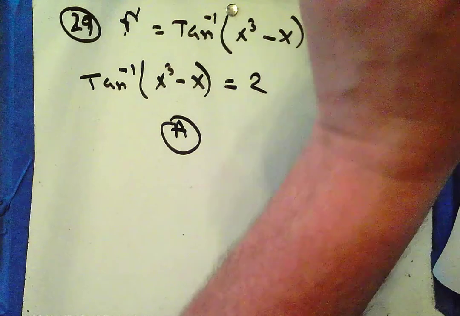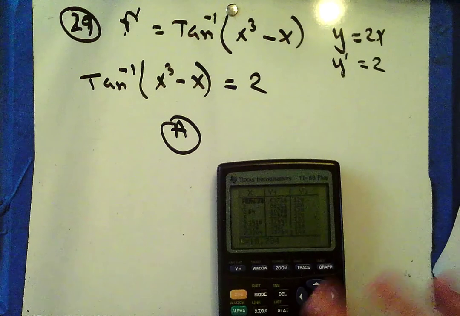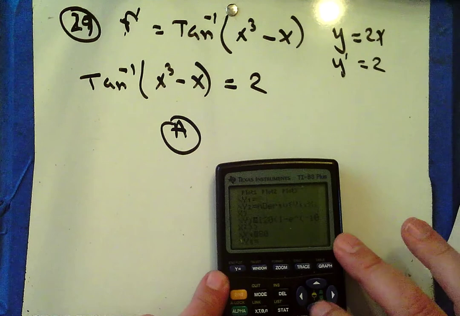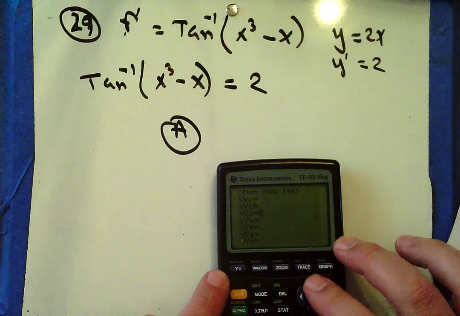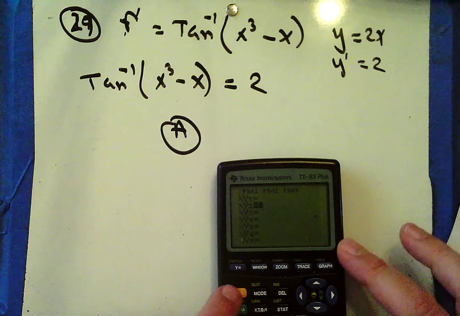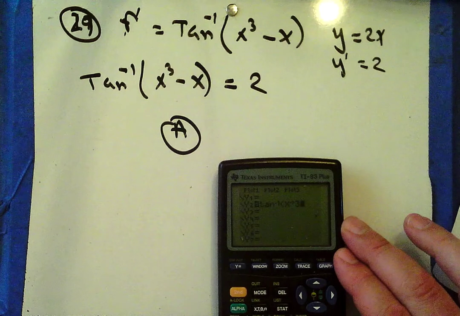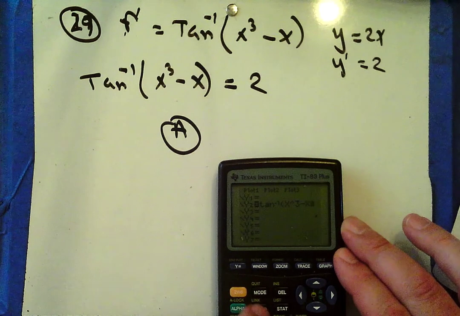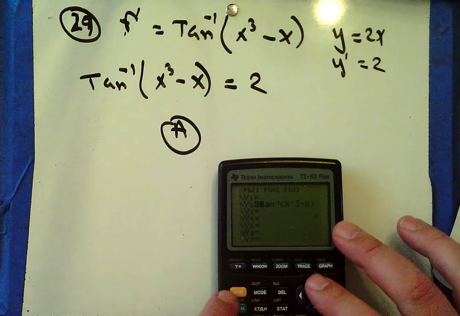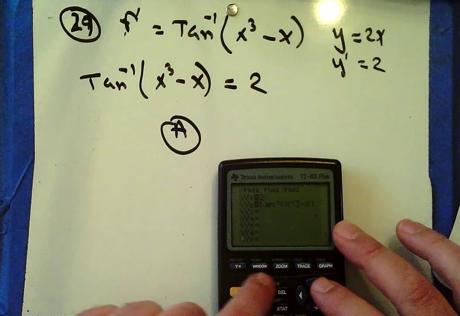Let me show you that. We want inverse tangent of x to the third minus x, and we want a 2.